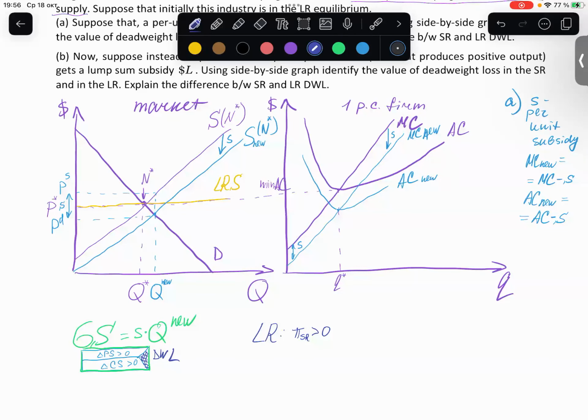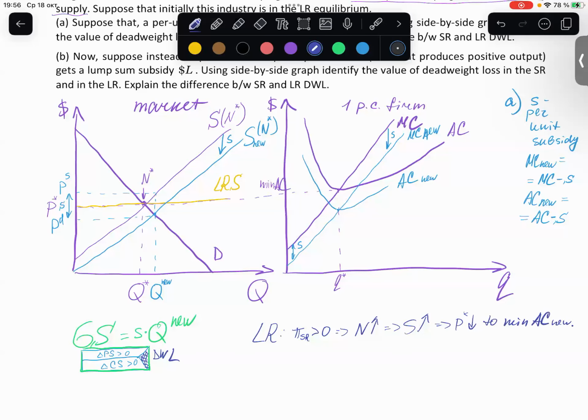Yes, and new firms begin to enter the market. The competition increases, supply increases. That's why the price decreases. And the price will decrease to which one? The new minimum of average costs, the minimum of new average costs.